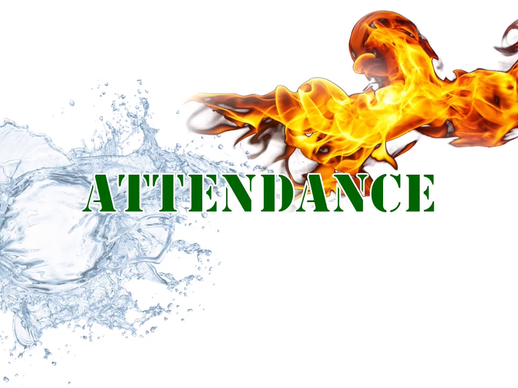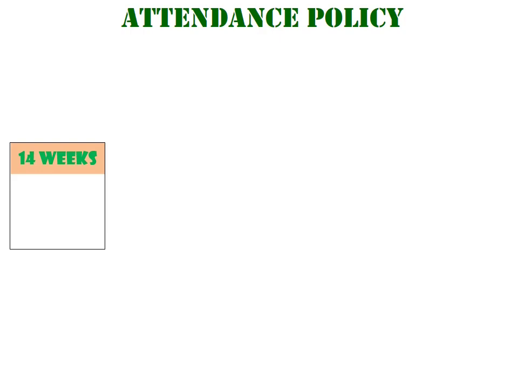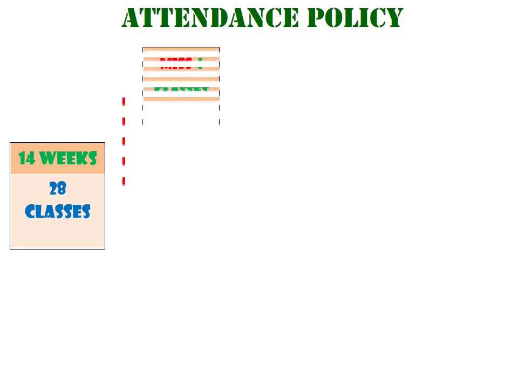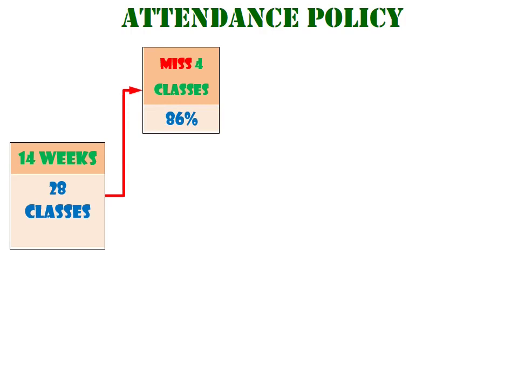Okay, about the attendance in Thermodynamic 1, we will implement the same attendance policy as the other subjects, where for 14 weeks you will have around 28 classes, and if you miss 4 classes, your attendance percentage will be 86%.